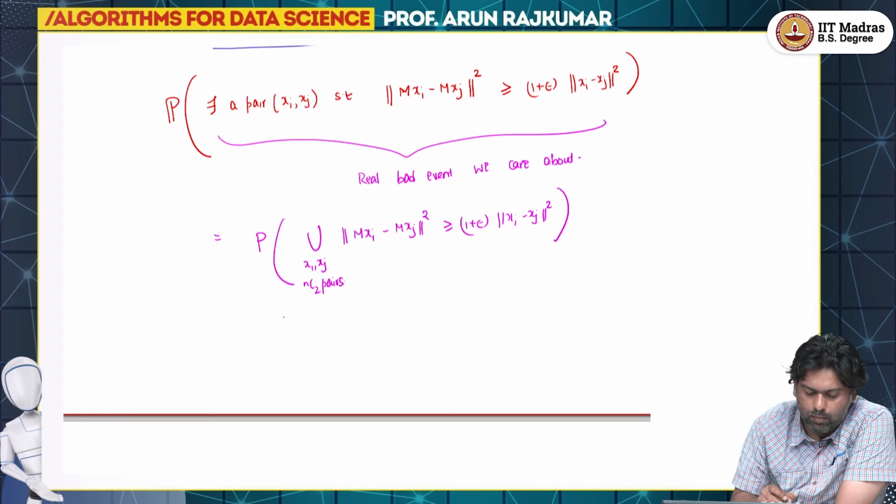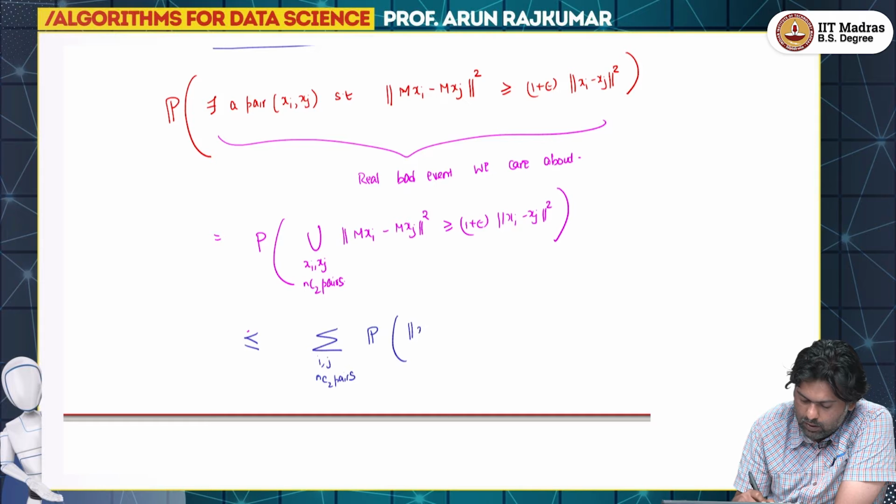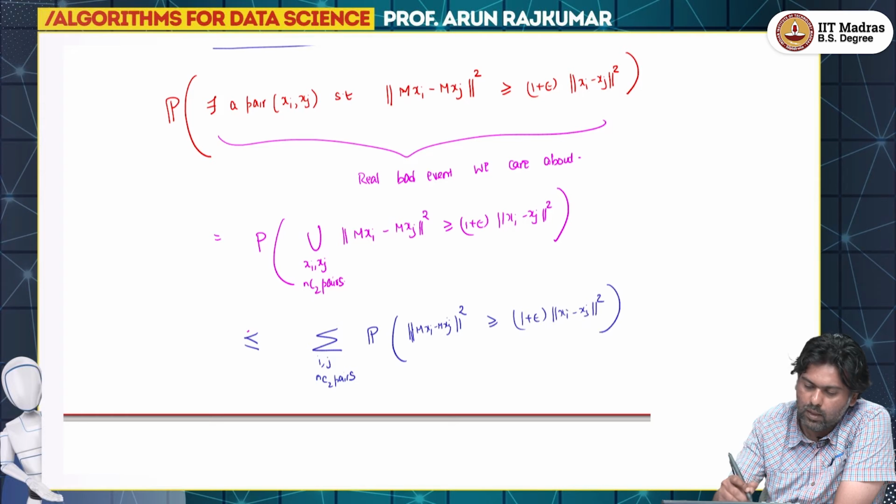The union bound says, if you remember, that this is at most the sum over all n choose 2 pairs i, j of the probability that the squared norm of Mxi minus Mxj is greater than 1 plus epsilon times the squared norm of xi minus xj. This comes from the union bound.